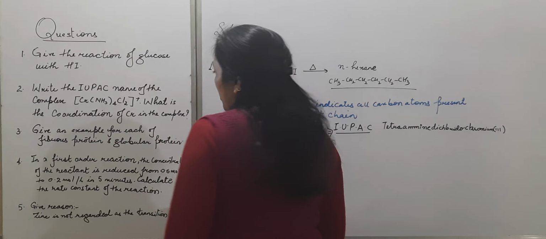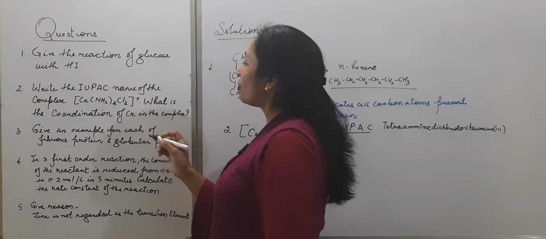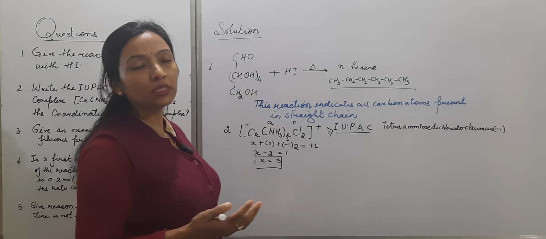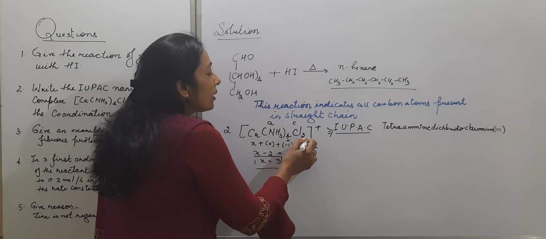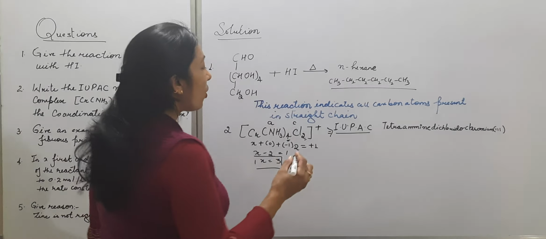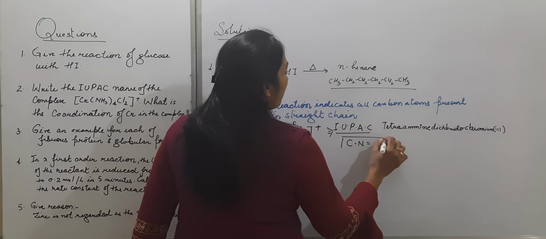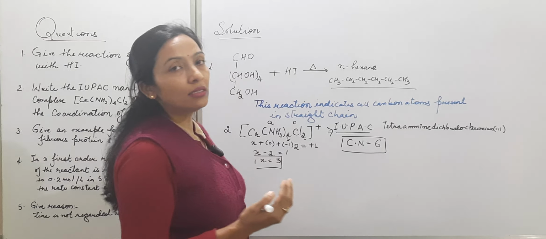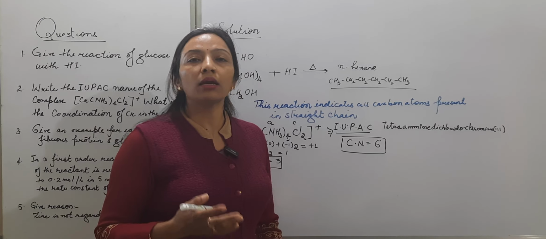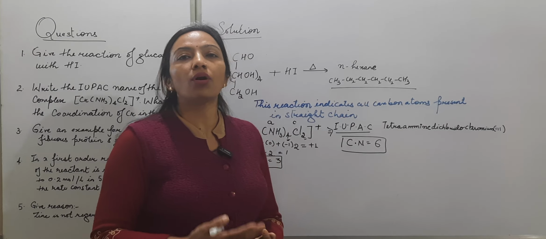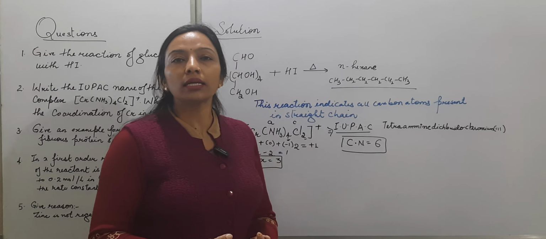The second part of this question is: what is the coordination number of chromium? Coordination number means how many ligands altogether are there. There are 4 ammonia and 2 chlorine, so the coordination number, which is written as CN, becomes 6, meaning this is octahedral. They have not asked about the geometry, but we are just telling that if the coordination number is 6 then it is octahedral, and for all ligands we can see whether they are weak or strong, and then we can even tell about the hybridization.